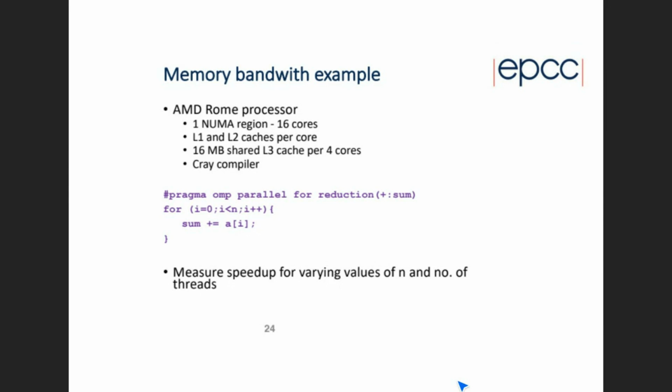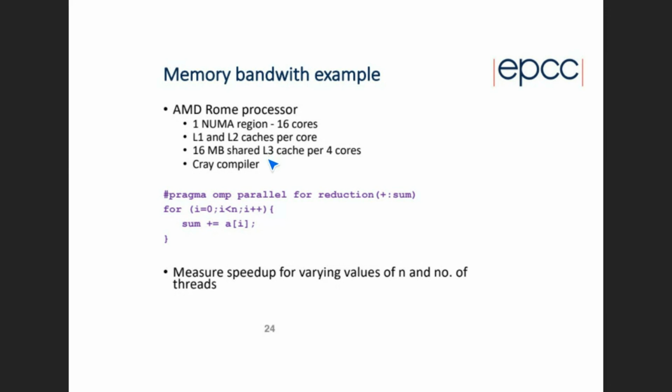I'm restricting this to one NUMA region, just looking at this group of 16 cores with its attached memory, so no nasty NUMA effects going on here. Each of those cores has a level 1 and level 2 cache, and then there is a shared level 3 cache of 16 megabytes, and there's one of those for every group of 4 cores.